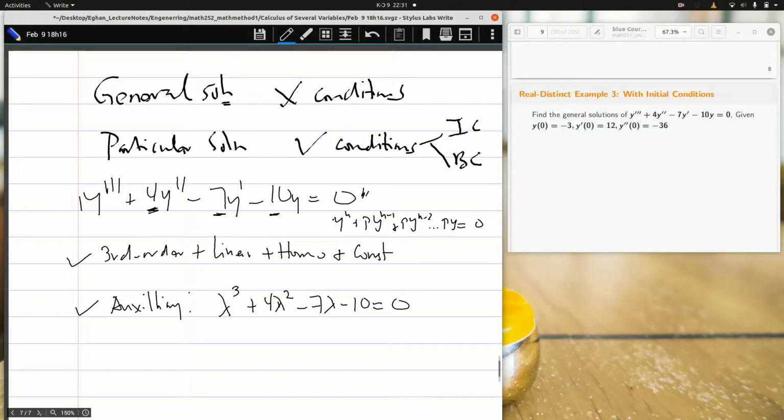Then I can find the roots. It factors as (lambda minus 1)(lambda plus 2)(lambda minus 5). This will be the roots of the equation. It means that we'll have lambda equal to -1, lambda equal to 2, and then lambda equal to -5.